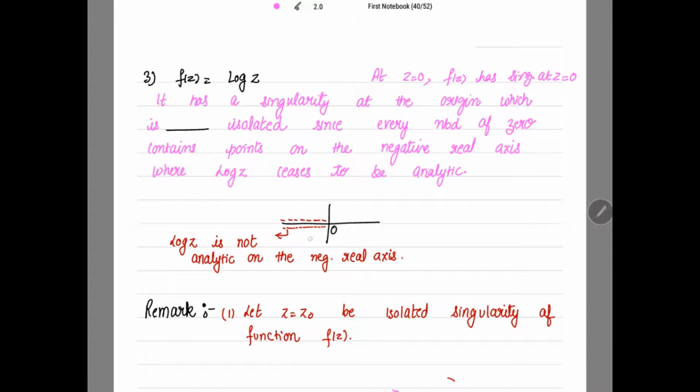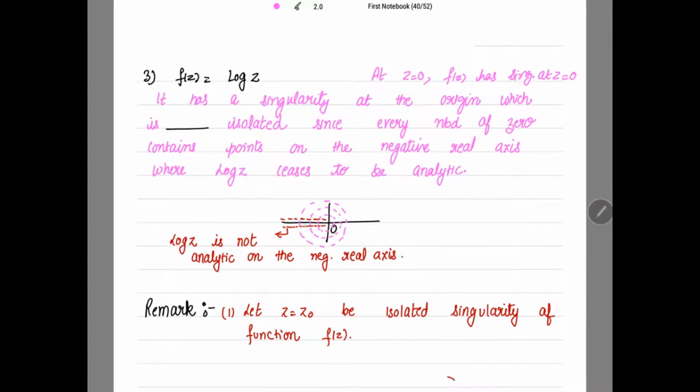There I have given a brief description of why the function ceases to be analytic at the negative real axis. So right now you just have to take it as a remark that log z is not analytic on the negative real axis. So whatever neighborhood you make for 0, there are points on the negative real axis which belong to every neighborhood of 0.